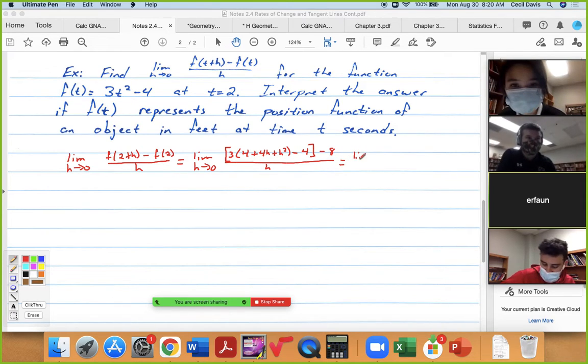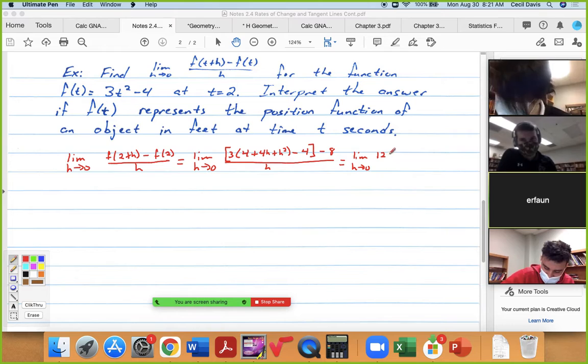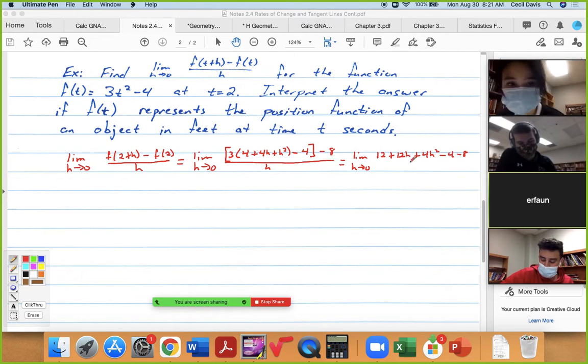So that'll be the limit as h goes to 0 of 12 plus 12h plus 4h squared minus 4 minus 8 all over h.